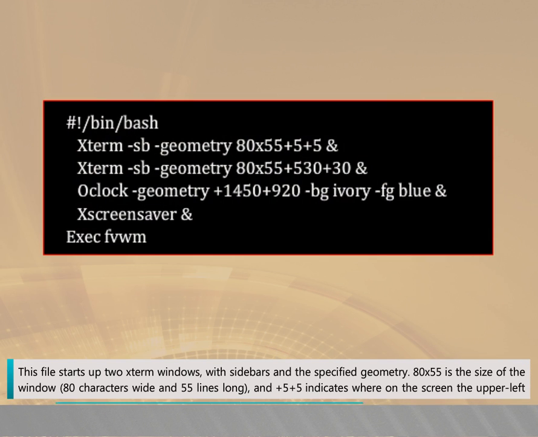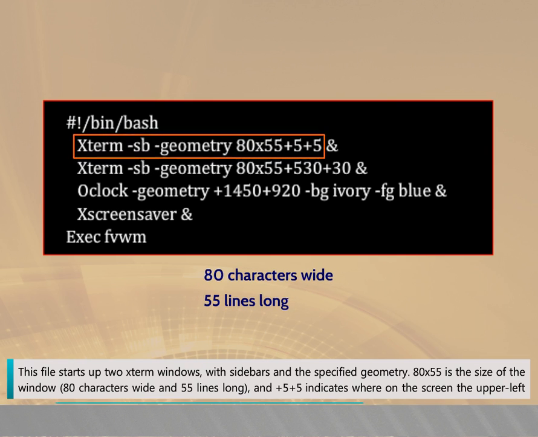This file starts up two Xterm windows with sidebars and the specified geometry. 80x55 is the size of the window, that is 80 characters wide and 55 lines long, and +5 indicates where on the screen the upper left corner should be placed.